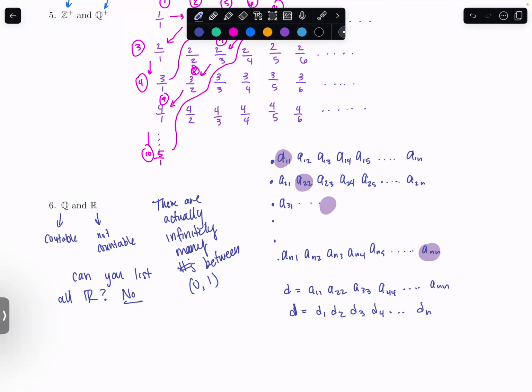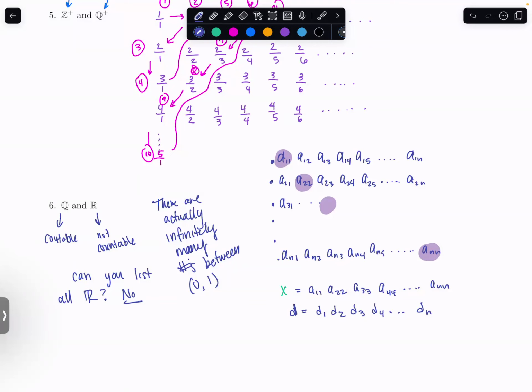Maybe I will call this guy X. I don't know. Okay, so D is this diagonal number that is like this. And we are basically coming up with a number that hasn't been listed already.